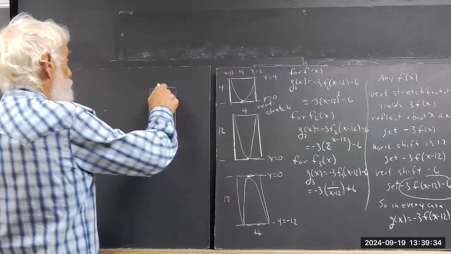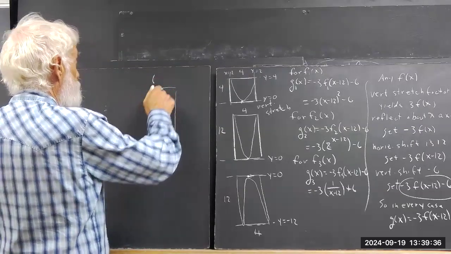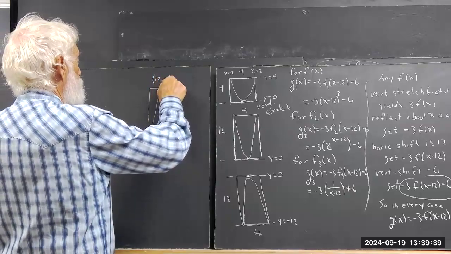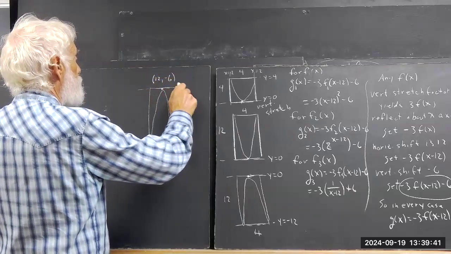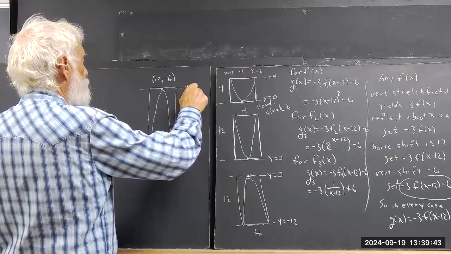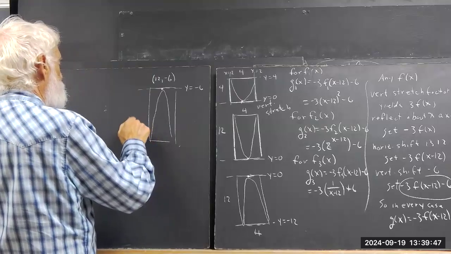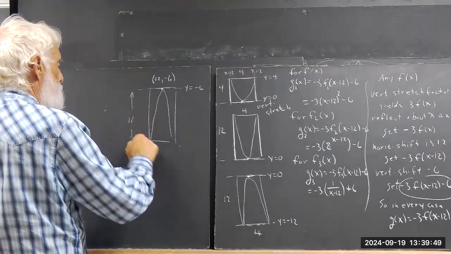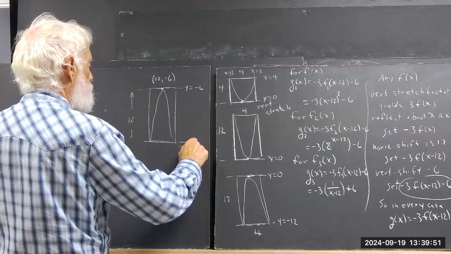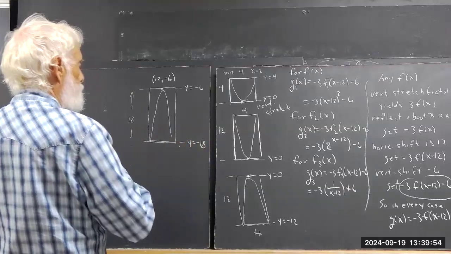But now the red dot is at 12, -6. So this is now y equals -6. And this is 12 units here. This has got to be y equals -18.